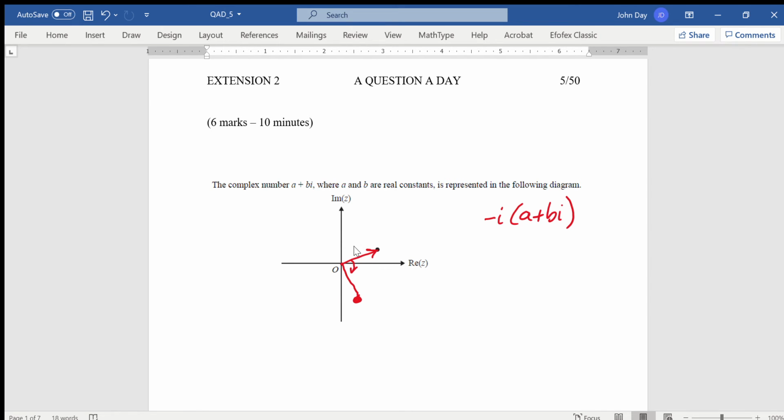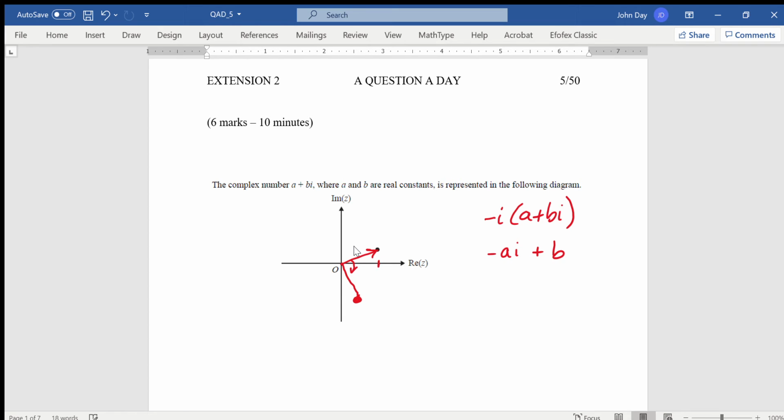Also, if I multiplied that out, I'd get minus ai and minus i times bi, and i times i is minus 1, so plus b. So, you know, it's a long way out and then a little bit up, so it swaps over and it's minus a, right?